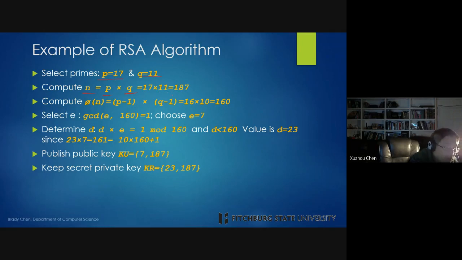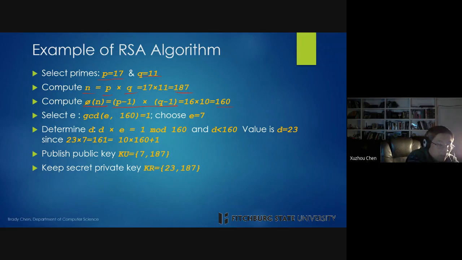I can calculate phi of N using the formula P minus 1 times Q minus 1. 17 minus 1 is 16, 11 minus 1 is 10, so it's 160. Now, you can argue with me and say people can factor that number, right?